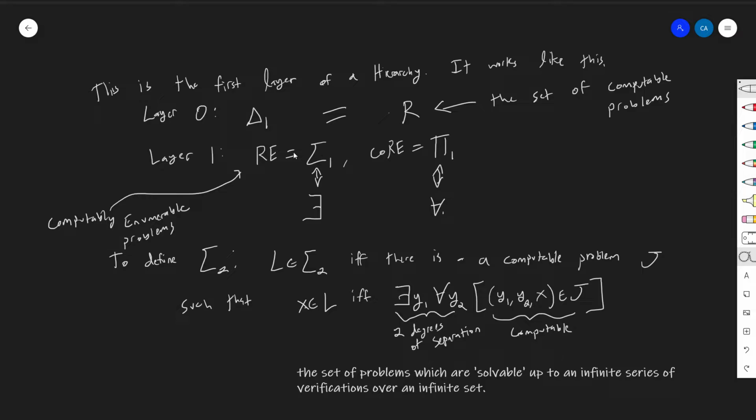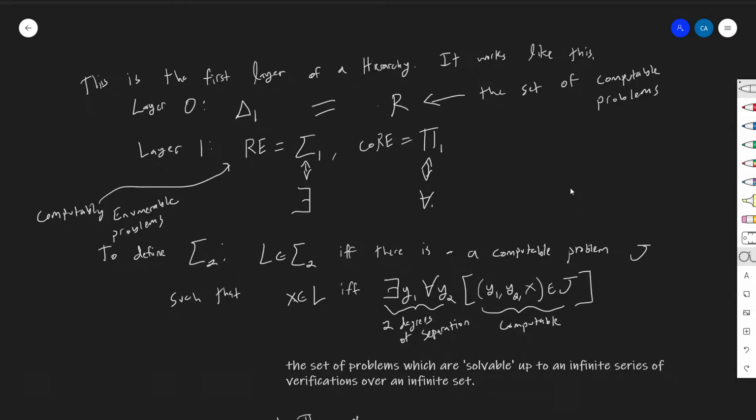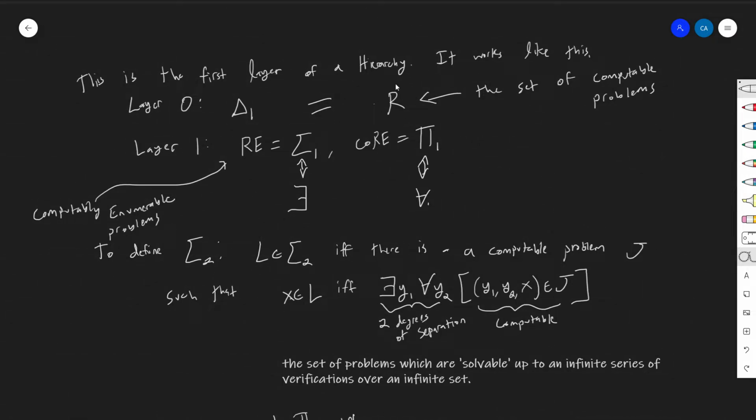So RE corresponds to unbounded searching, co-RE corresponds to unbounded checking. Whereas R doesn't have unbounded anything. R is sort of at the bottom, right? The searching, the thing that you're doing for each thing that you're searching through is computable. It is an R thing. Same thing with co-RE. The checks themselves are an R thing.